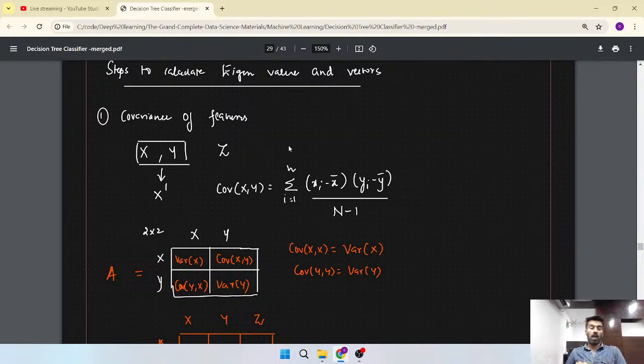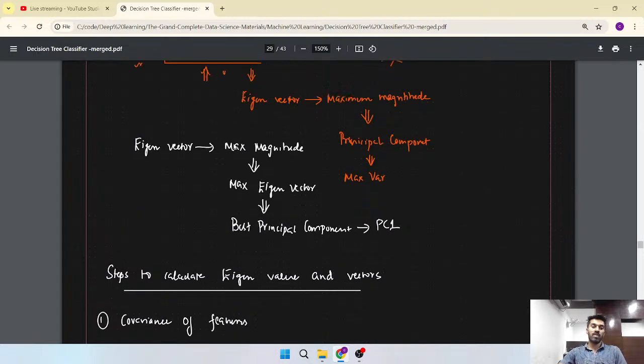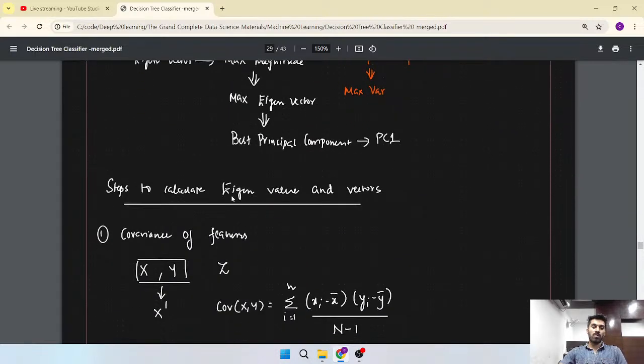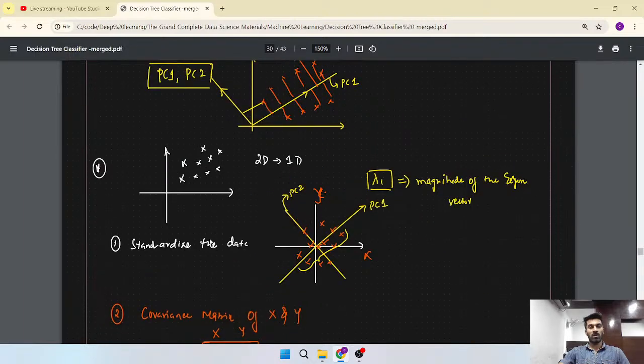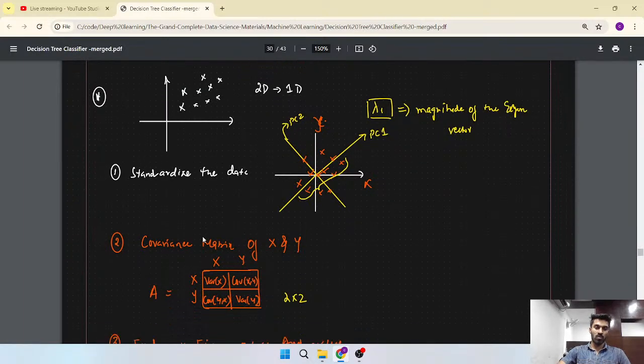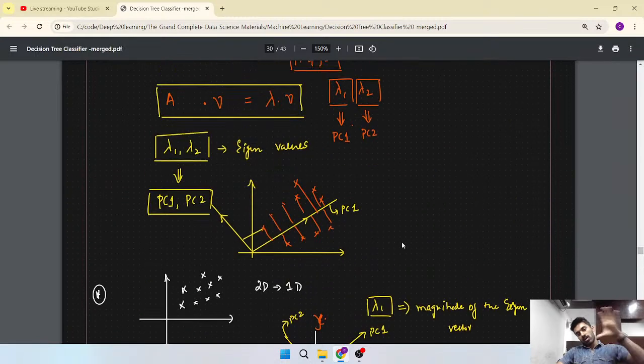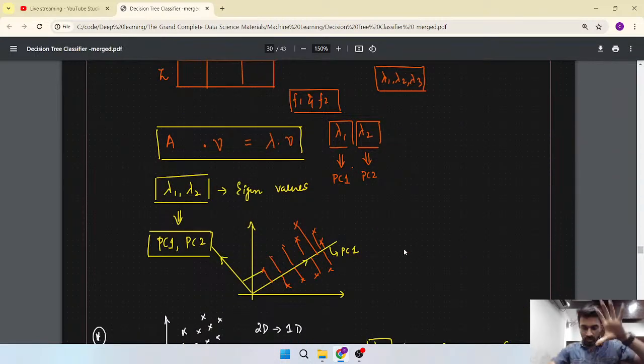I will not go into how to find them. Learn it from any YouTube video; it will take around one hour to learn. Firstly you find the eigenvalues, and according to the eigenvalues you find the eigenvectors.